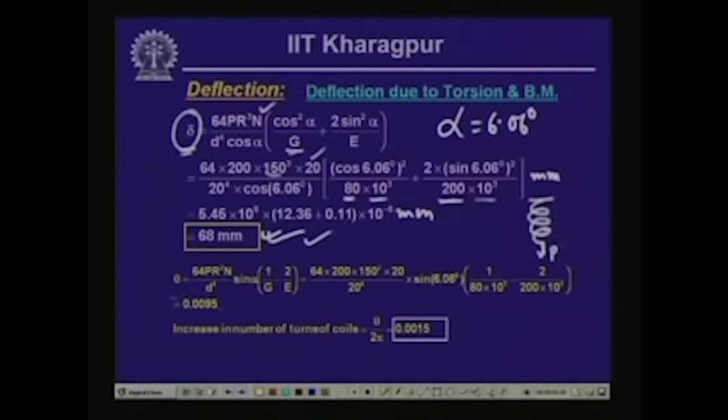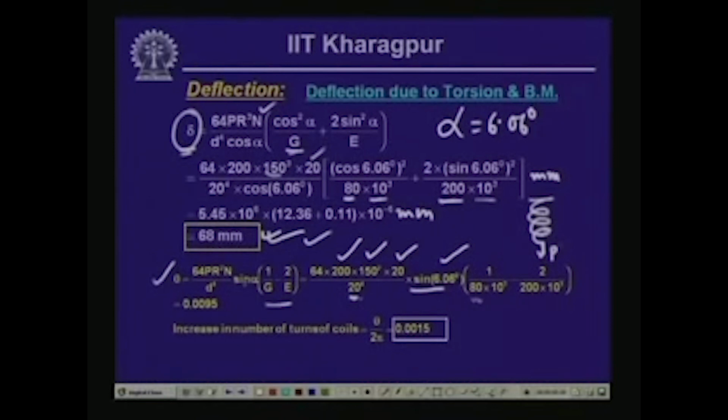Now, the value of the angular rotation, as we have seen, is theta equals to 64 P R square N by d to the power 4, multiplied by sin alpha into 1 by G minus 2 by E. And if we substitute these values, 64, P is 200, R is 150 square multiplied by N, which is 20, and d to the power 4 is 20 to the power 4, sin of 6.06 degree.